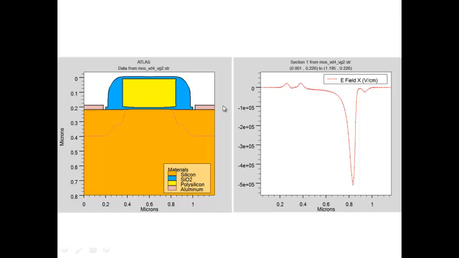Don't worry about these, these are N plus regions, complicated. Somewhere here is where my channel starts. And as you reach the drain end, look at what is happening to the electric field. The electric field is becoming very, very large, very close to the drain.